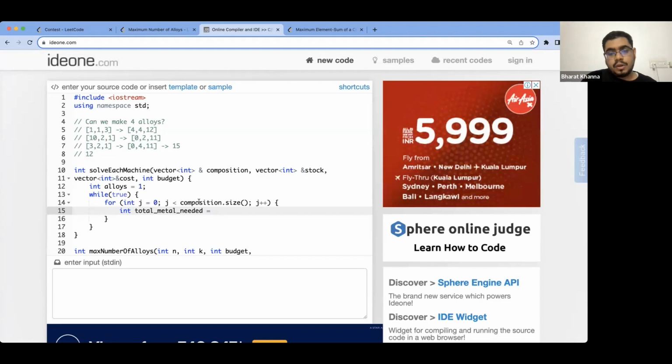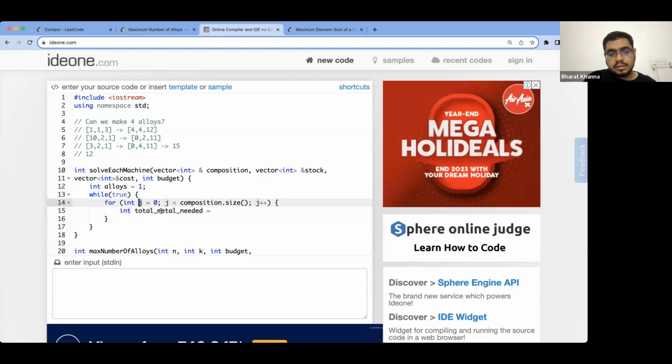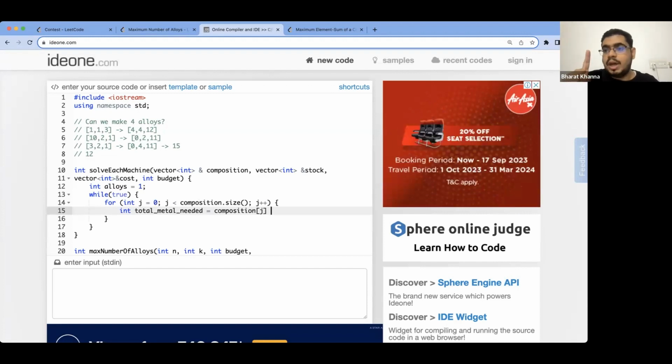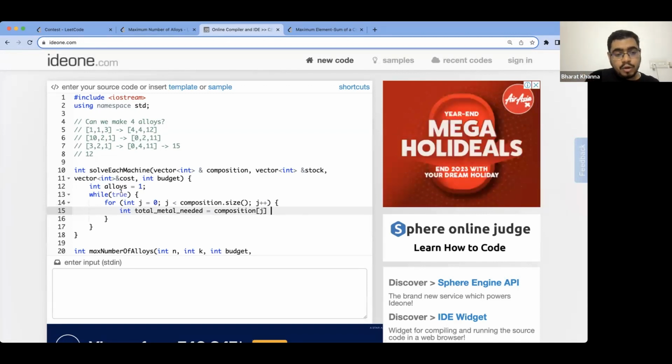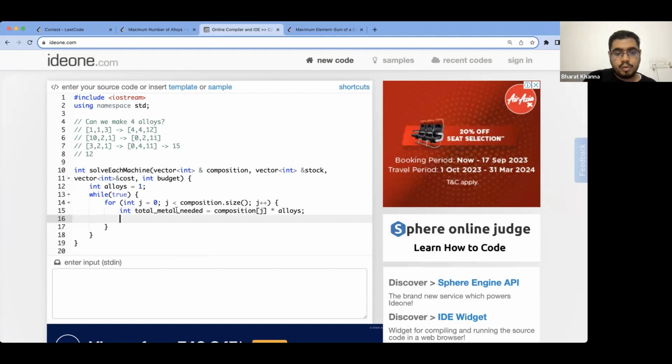So, composition of J will give me 1 metal's quantity, right? So, composition of J gives me for making 1 alloy, how much metal do we need? And we want to make these many. So, into number of alloys that we want to make. Does this make sense? This formula?